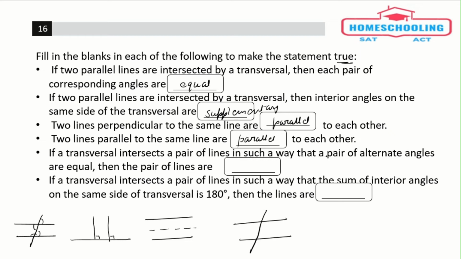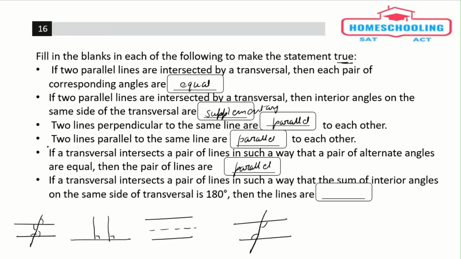So these two angles are equal. It can be equal only when both the lines, as we have read in the beginning of this video, are parallel with a transversal line, then the alternate angles would be equal. So these two angles would be equal only if the pair of lines are parallel to each other.